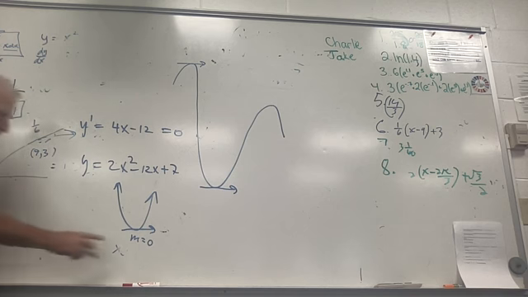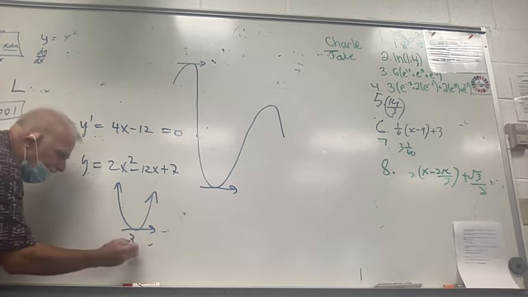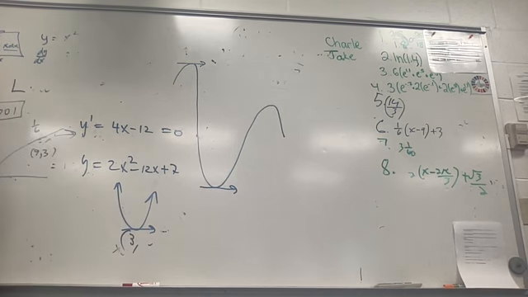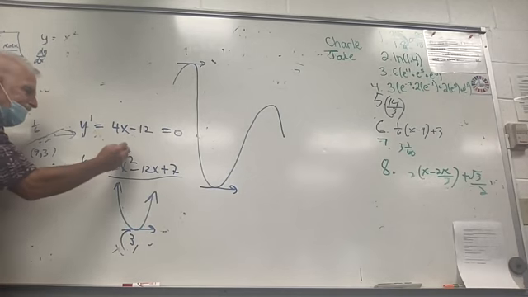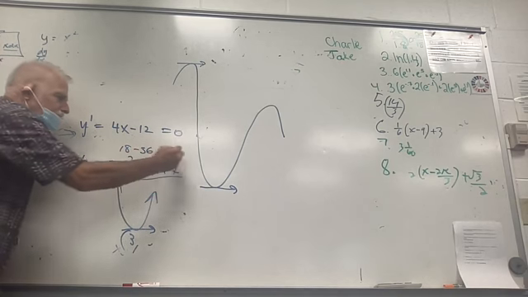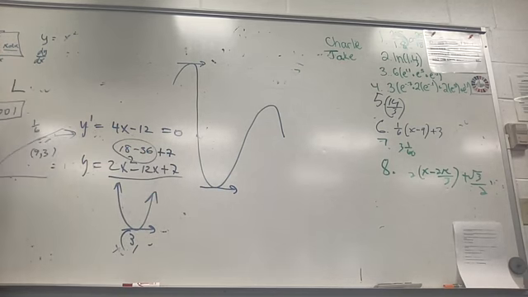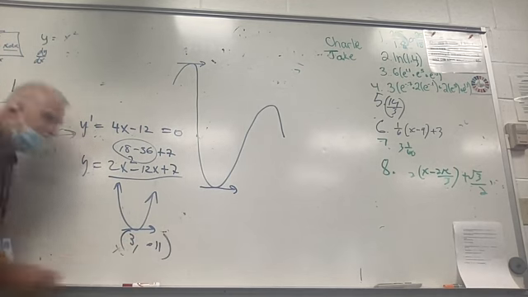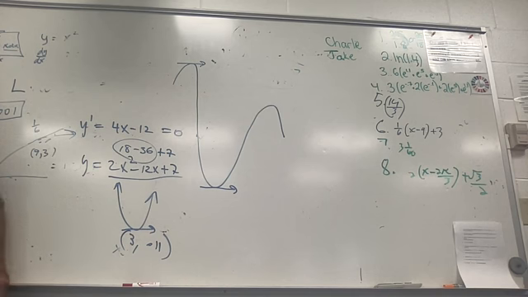And it's 3. And if I want to find the y value, what do I do? Plug it back into the original function, and you'll get the classic 18 minus 36, the classic 2-to-1 opposite ratio, right? Always 2-to-1 opposite. And there's negative 18 plus 7, negative 11. Okay, and it's just a different way of finding the vertex using calculus.